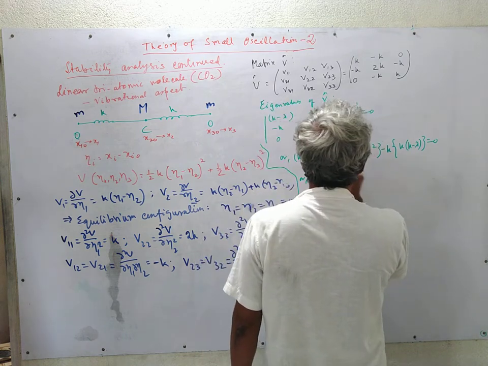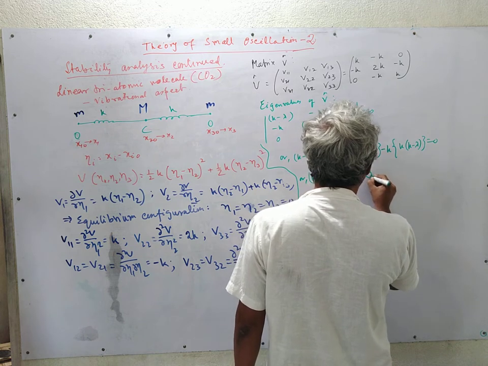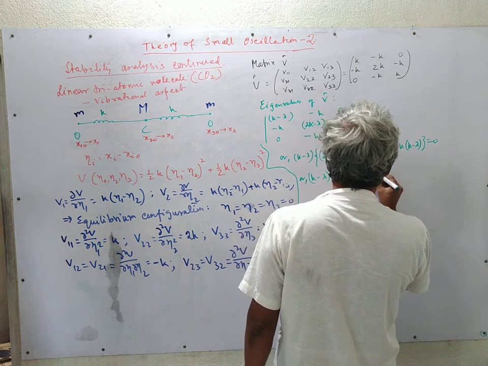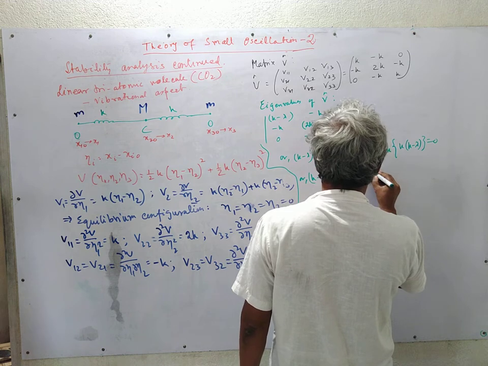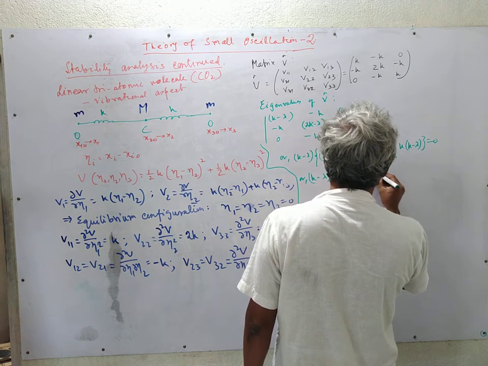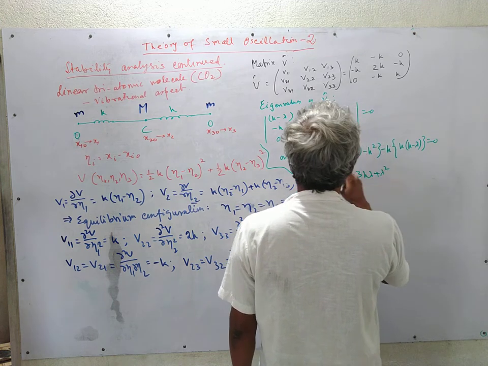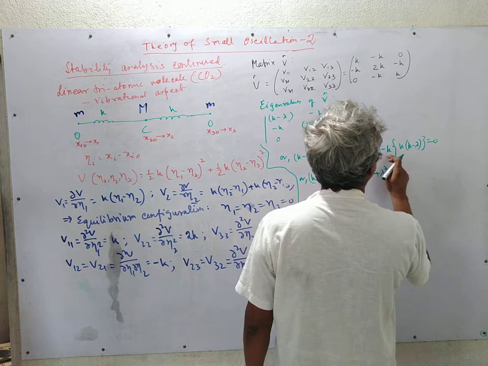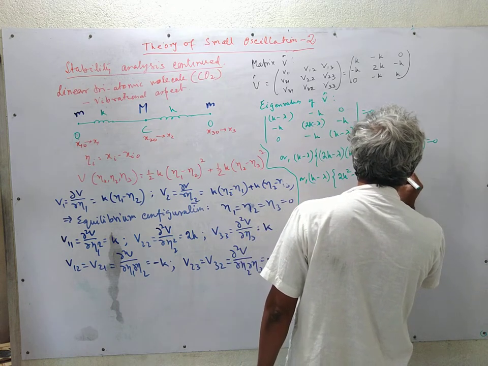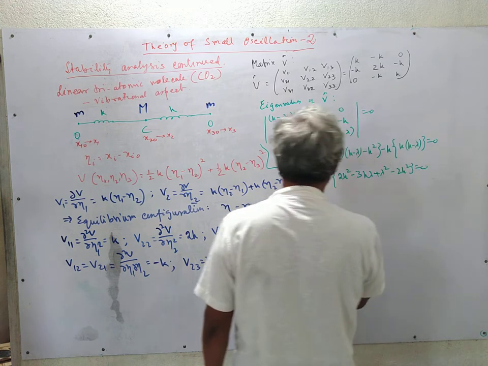So we have 2K square minus 3K lambda, then we have lambda square, and there is 2K square, and this K square minus 2K square is equal to 0.